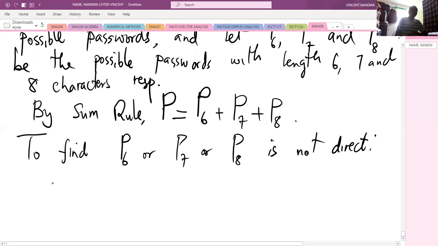So, for example, let's pick P6 first and explain how we can get P6.